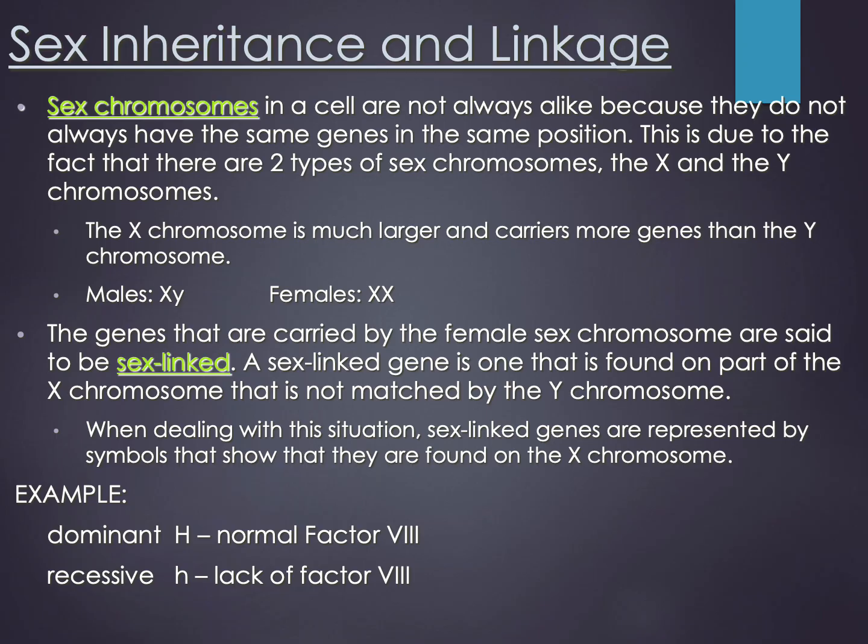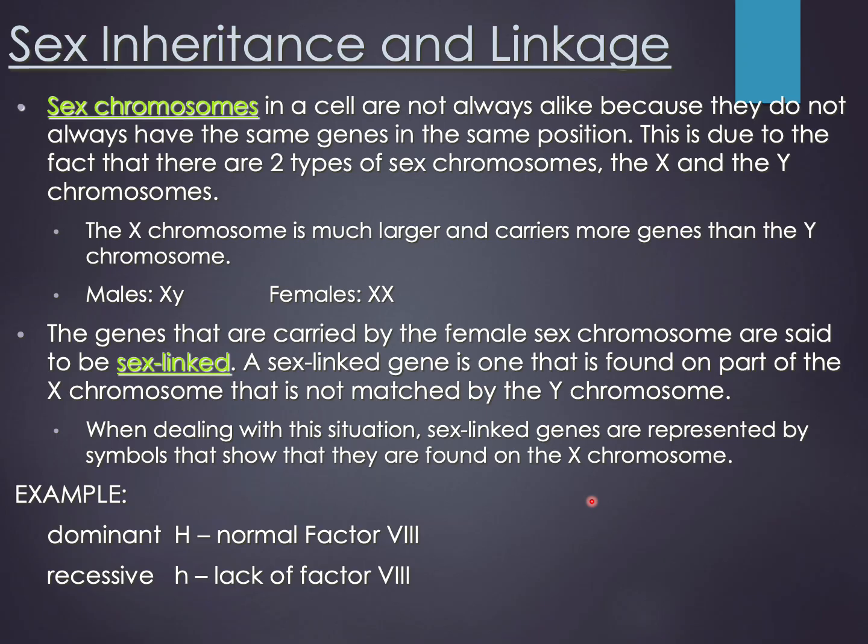The genes that are carried by the sex chromosomes are said to be sex-linked. So anytime you find a gene that's attached on an X or a Y chromosome, those are sex-linked genes. A sex-linked gene is one that is found on the X chromosome that is not going to have a match on the Y chromosome. When dealing with this situation, sex-linked genes are represented by symbols that show that they are found on the X chromosome.